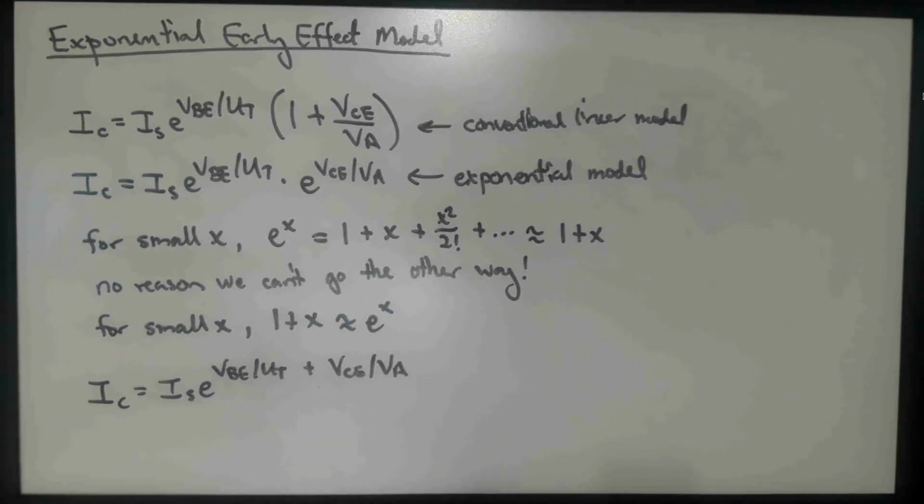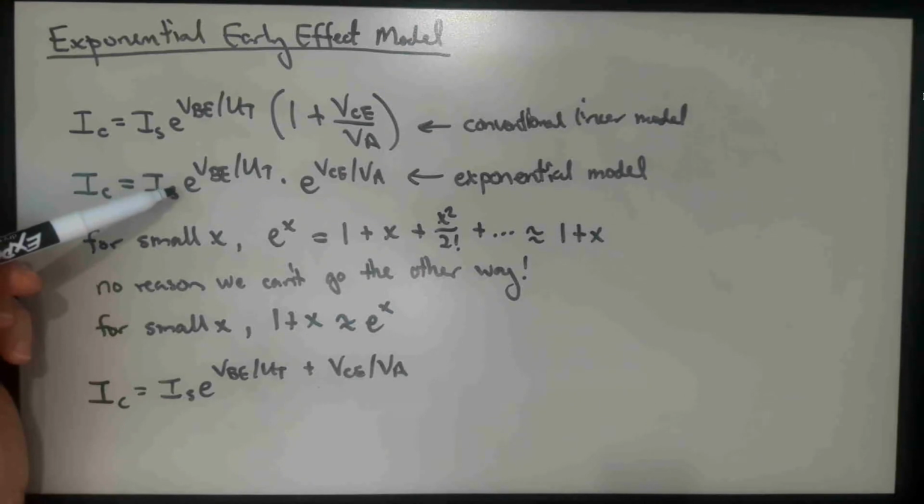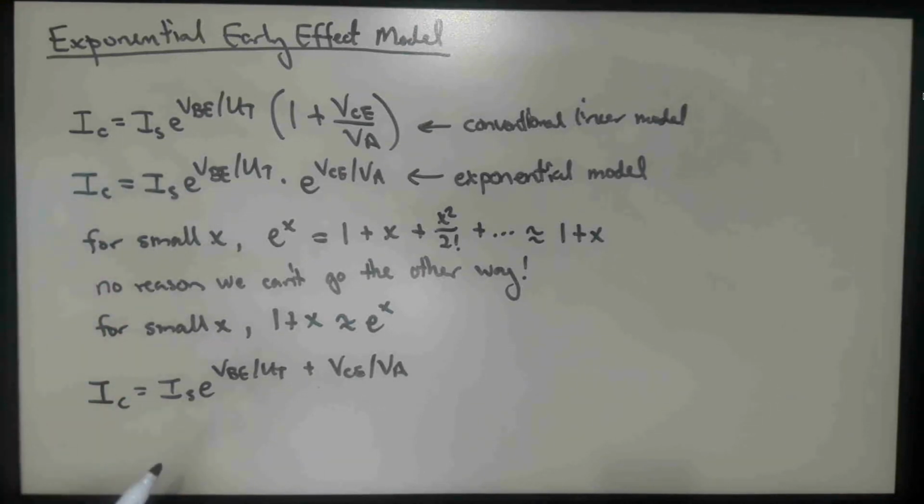We'll see some examples of this. So by using this alternative formulation in a large signal analysis, when we have these exponential models for the IV relationships, this can sometimes lead to very simple results and allow us to account for the early effect.